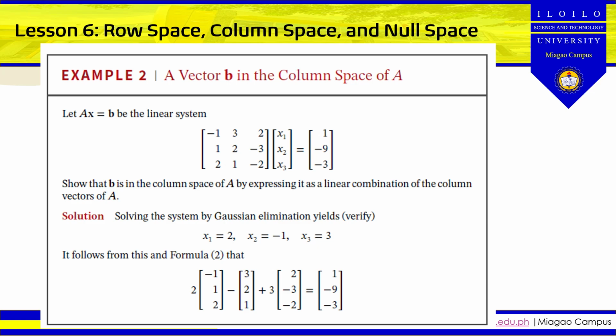It follows from this and equation 2 that 2 times the first column minus 1 times the second column plus 3 times the third column equals b.